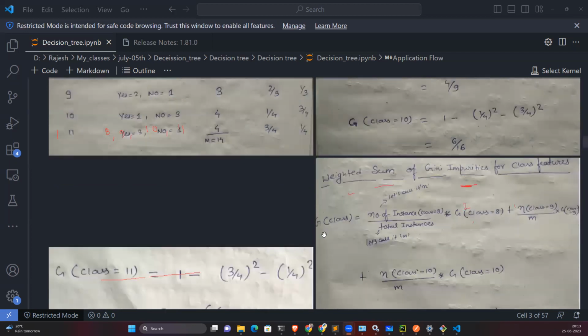So now what we are trying to focus on here, don't go here and there. So Gini impurity for the class feature we are going to calculate.